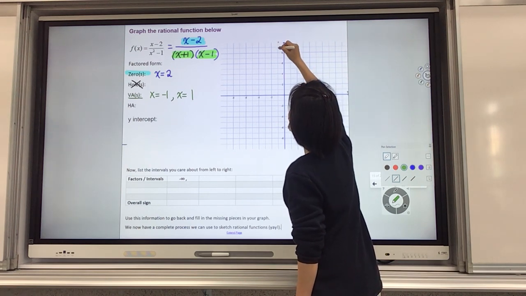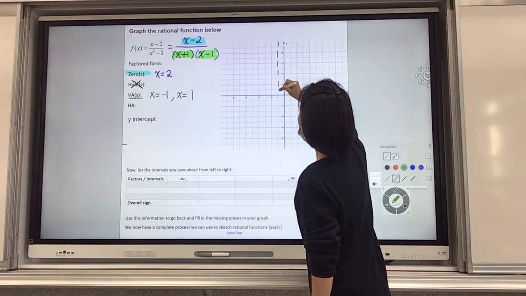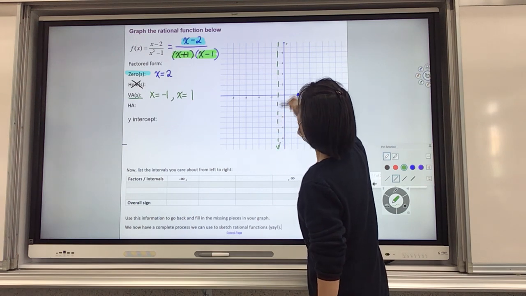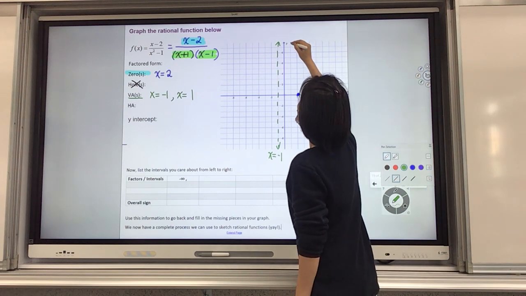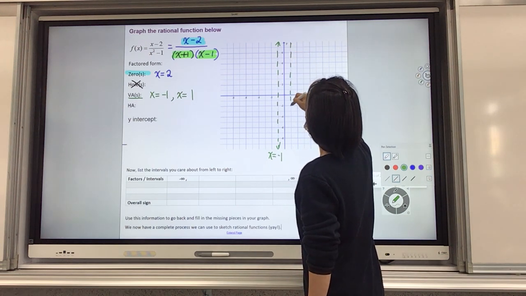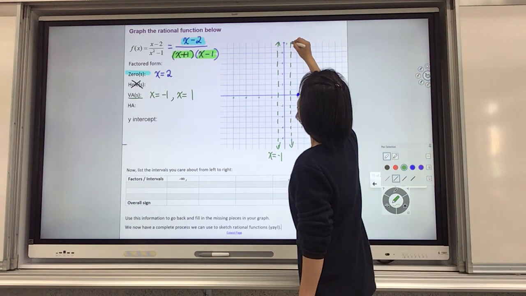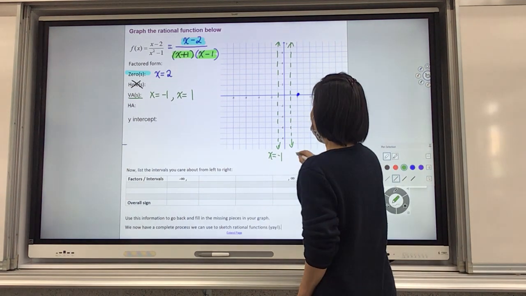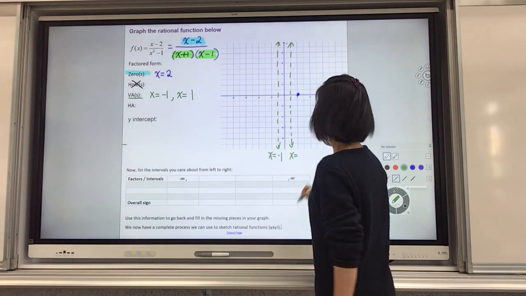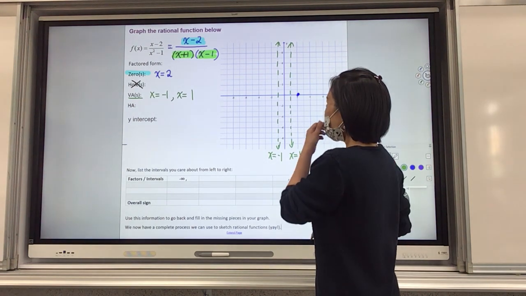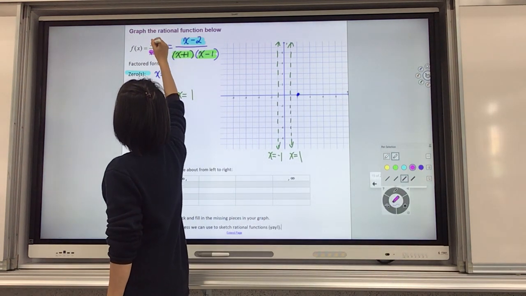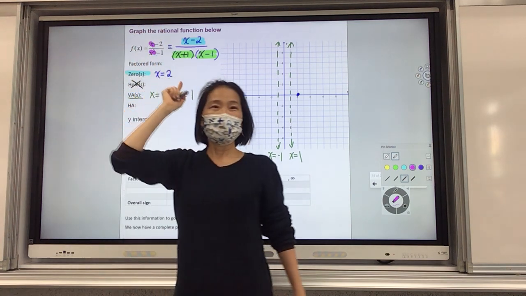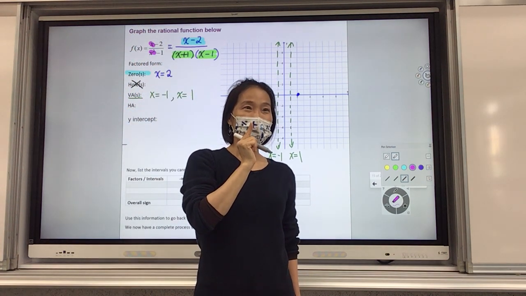I'm just going to sketch it right now. Dash line here, labeled. If you can bring a ruler, that will be nice on the assessment. Horizontal asymptote, what do you think? y equals 0. Very good. Compare to the leading term, the bottom has the higher degree, yes?